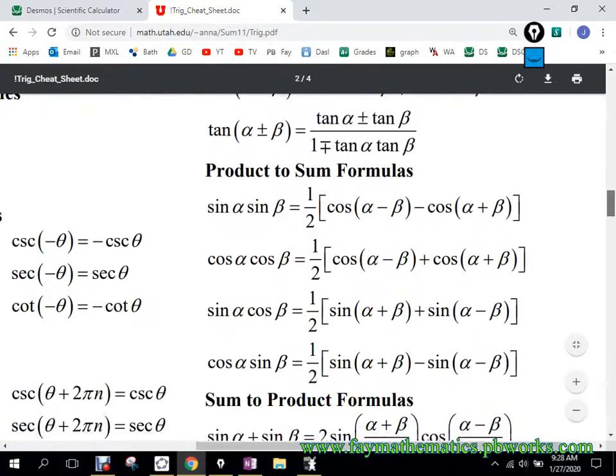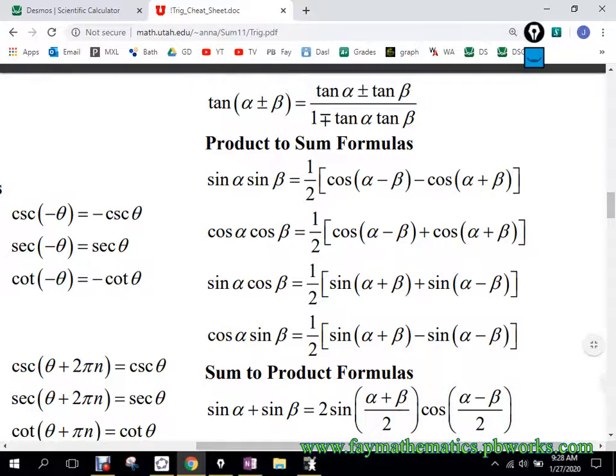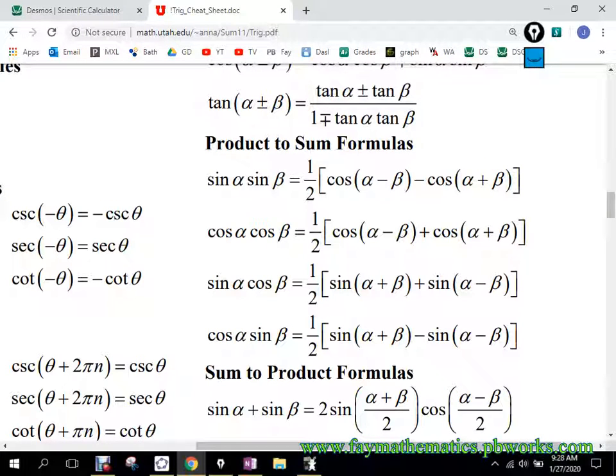Would you agree that this group of formulas right here are very similar? Okay? Very similar. The things that change are, that top one it's sine alpha, sine beta, bottom one it's cosine alpha, cosine beta. And then the plus sign and minus sign in the middle on the right-hand side change.